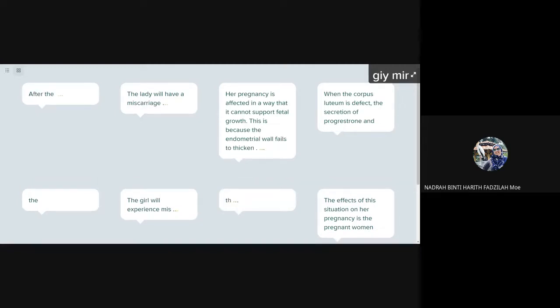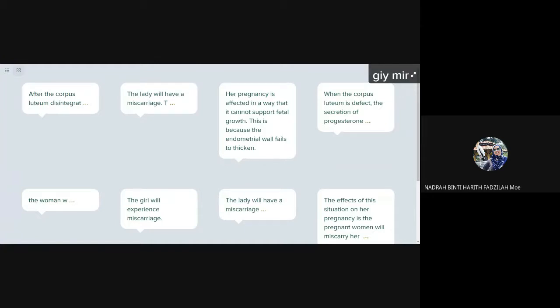Alright, good. Miscarriage, that is a good term. Miscarriage cannot support fetal growth, boleh? Boleh, tak ada masalah, teruskan. Miscarriage boleh, cannot support fetal growth boleh. Secretion of progesterone jadi apa? That is a good explanation. Good. Okay, miscarry dulu. Secretion of progesterone tu jadi macam mana?